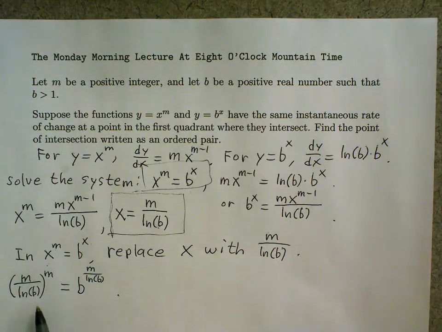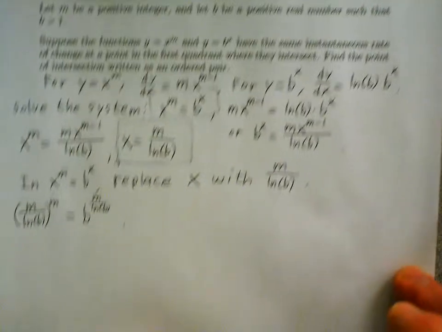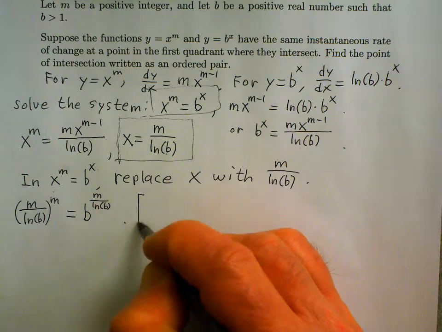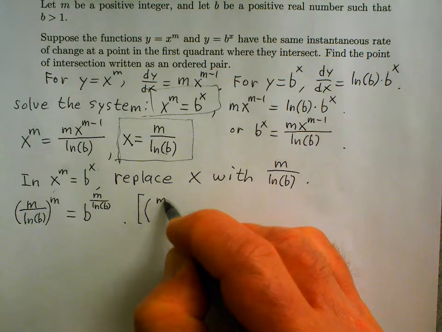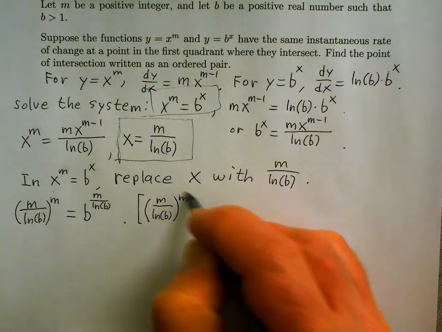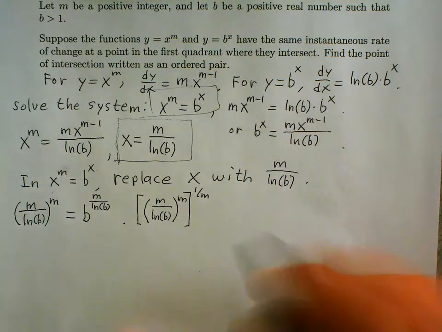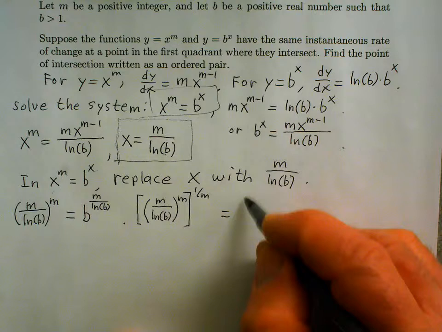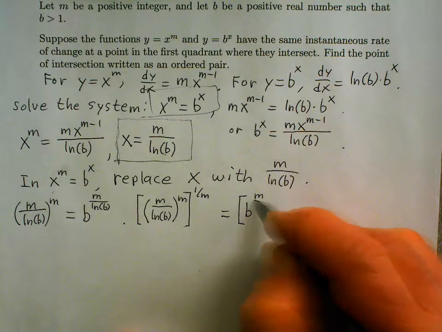Then using properties of exponents, we will raise both sides of this equation to the exponent 1 over m. So that's perfectly legal. We raise the left-hand side to the exponent 1 over m, and that requires us to raise the right-hand side to the exponent 1 over m.